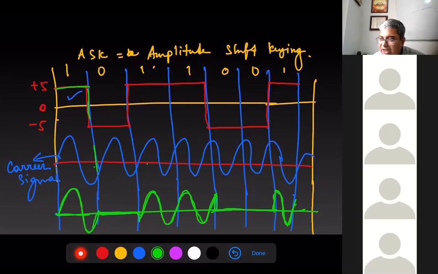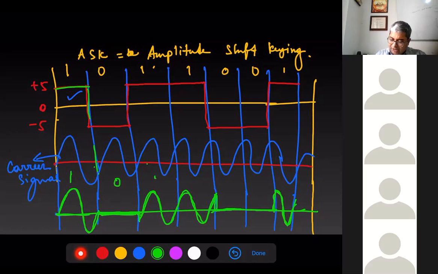Now from the analog signal, you can identify whether it is carrying digital bit 0 or digital bit 1. Whenever the actual signal is coming, I can say it is digital bit 1. Whenever 0 voltage is coming, I can say it is digital bit 0.